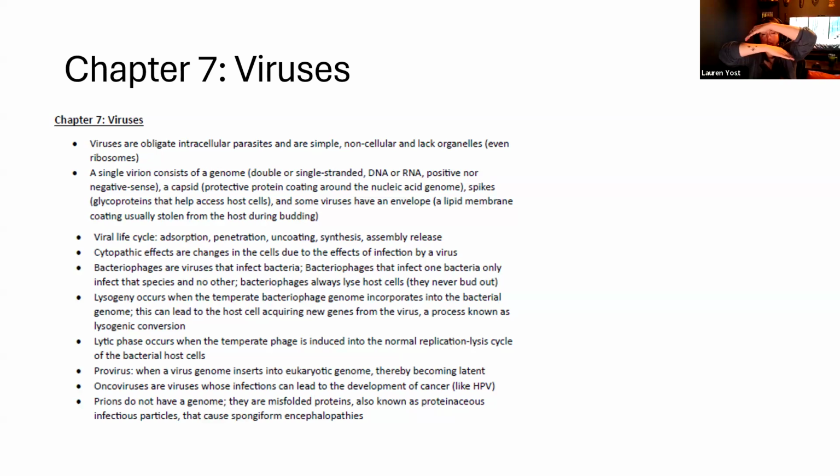Why don't you be like this? And then the other one is like, oh, you're doing it like that? Well, my green ribbon does this. And it's like, well, I'm not. That's what prions do.